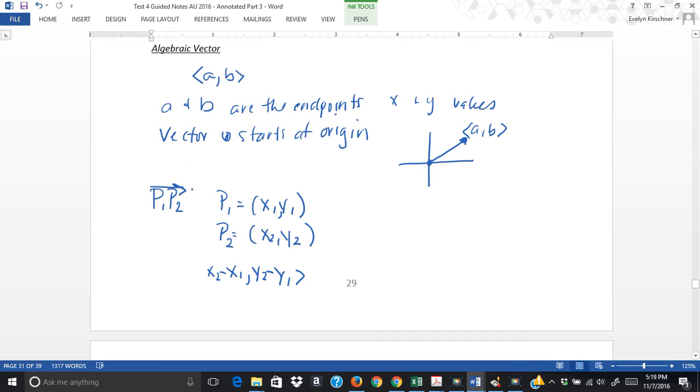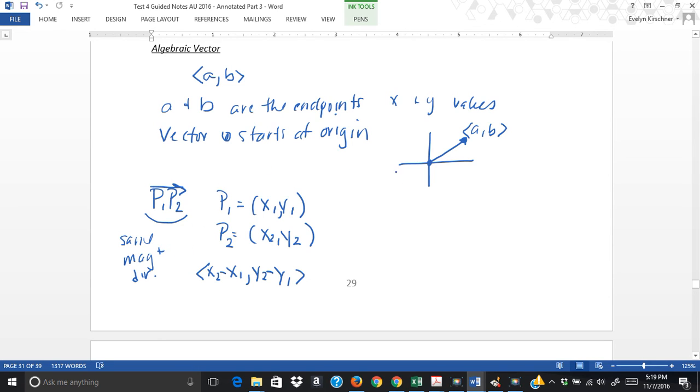So it has the same magnitude and direction as my original P1P2. The difference is that it starts at the origin, whereas this one started at X1, Y1.